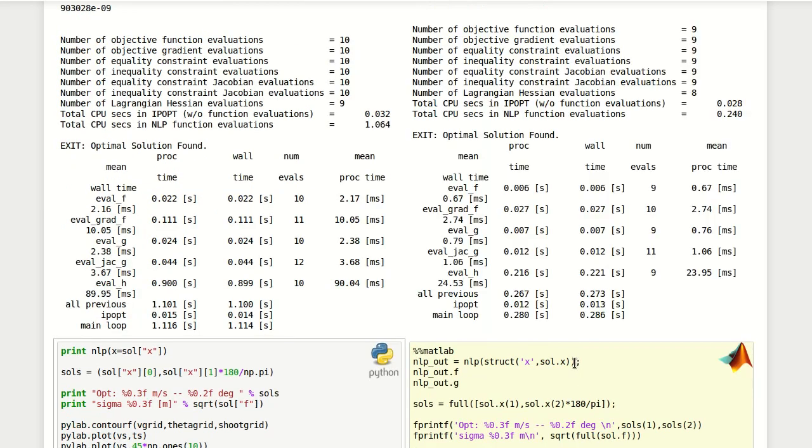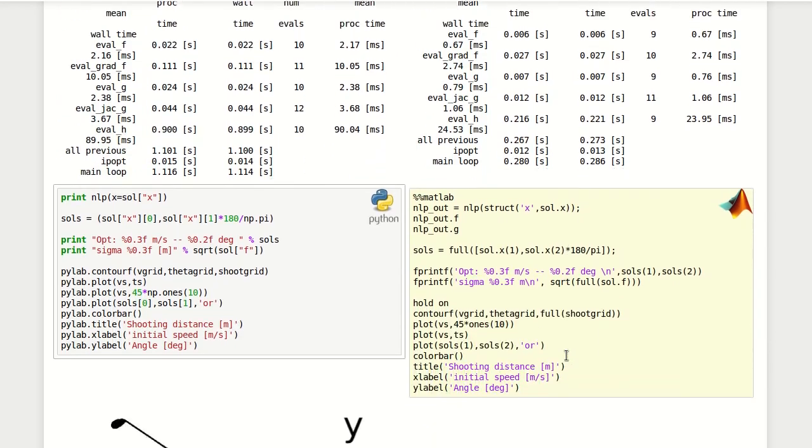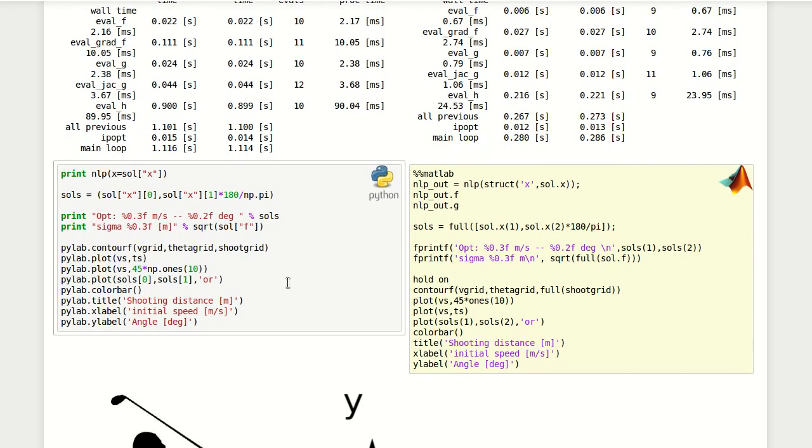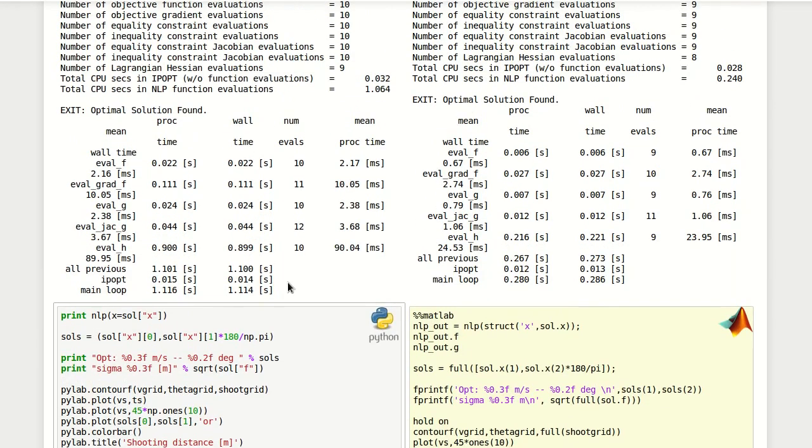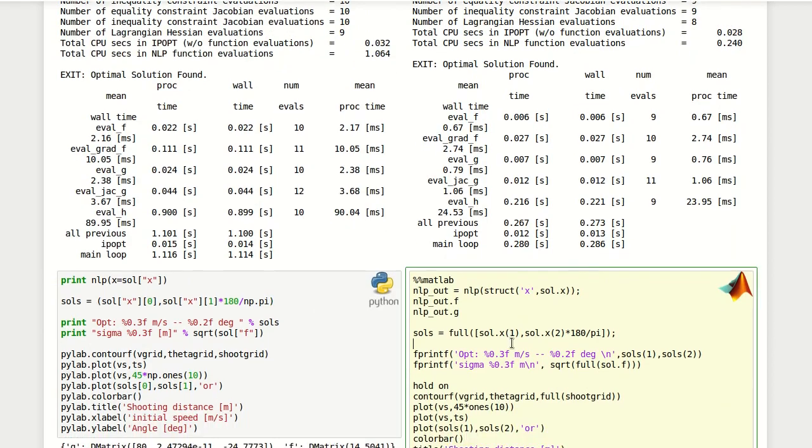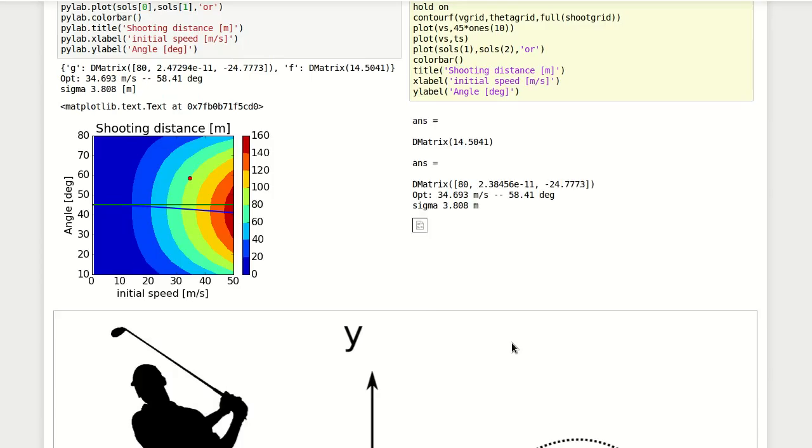Okay, in this case the solution is unique, or at least locally unique. So I'm expecting here 2 times the same result. Yes, 34 meters per second, 34 meters per second.